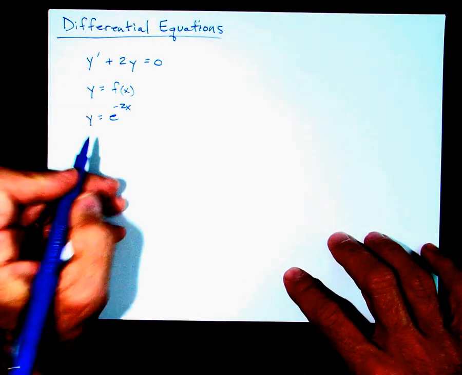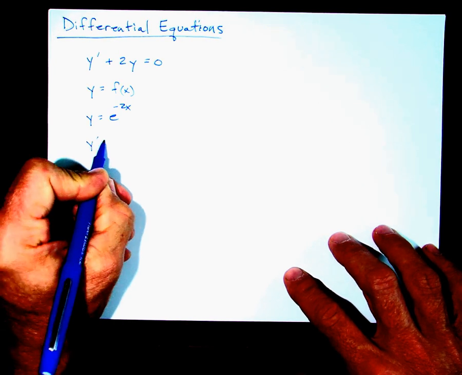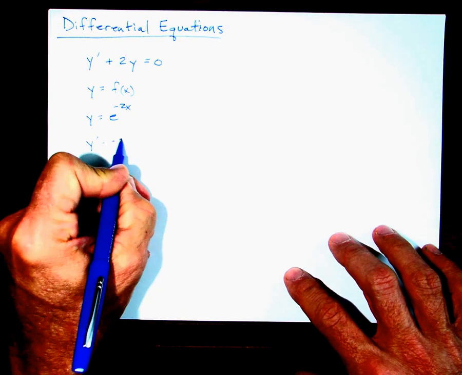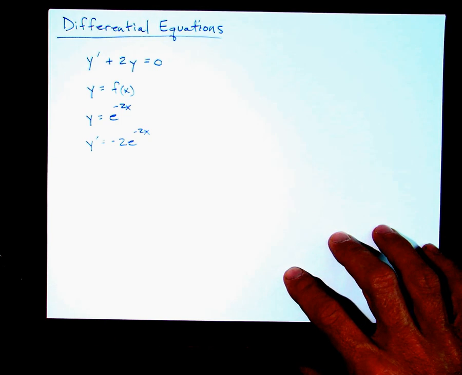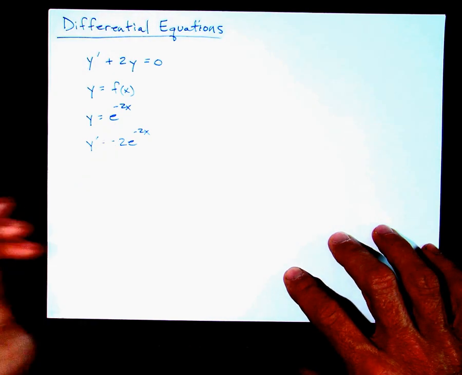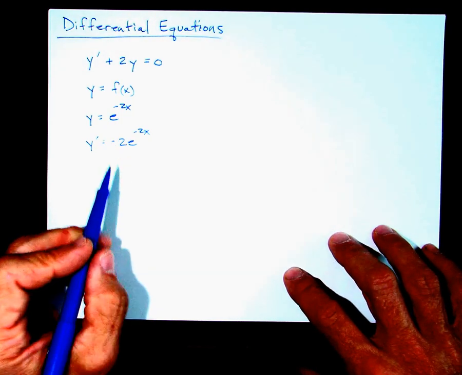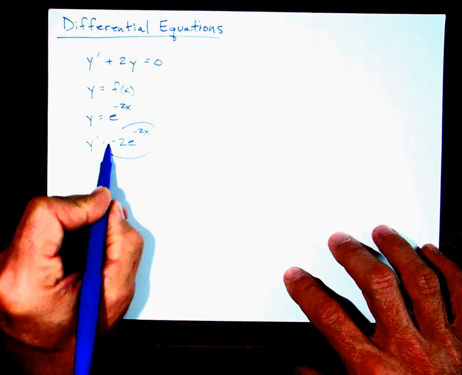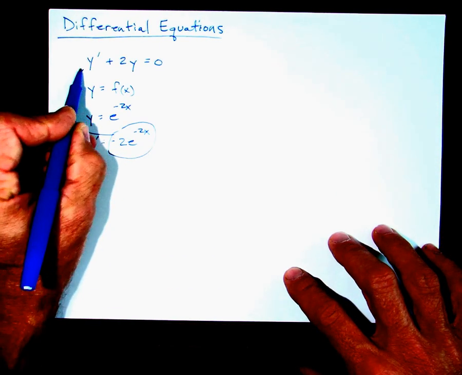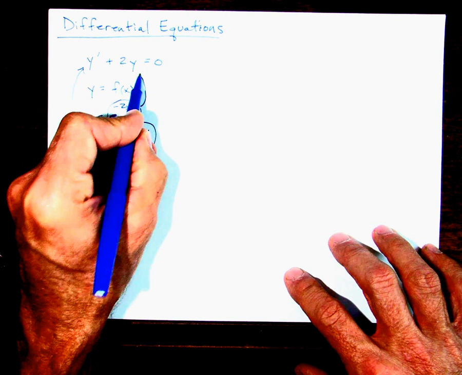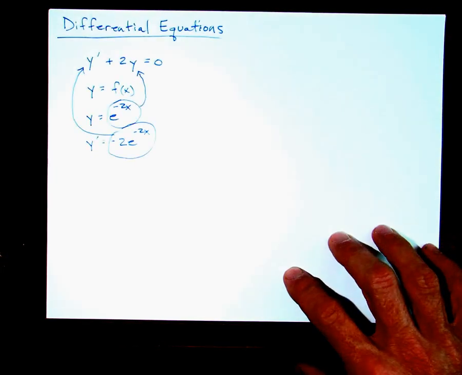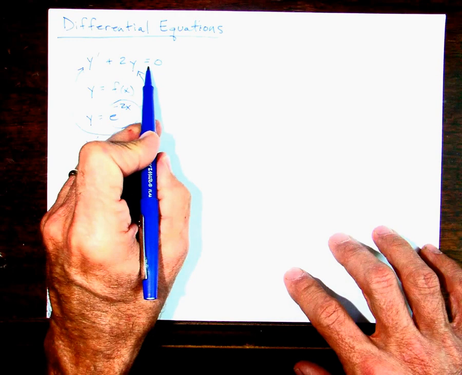Well, y prime, the derivative of that, would be negative 2 e to the negative 2x, just from what we know about taking derivatives of exponential functions. So I want to take this and put it in here for y prime, and take this and put it in here for y. And if it makes the equation equal 0, then it's a solution.